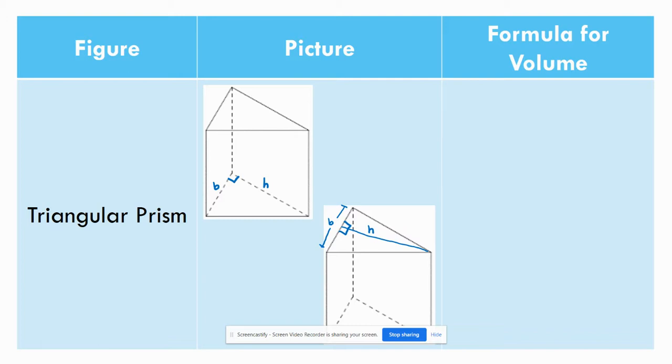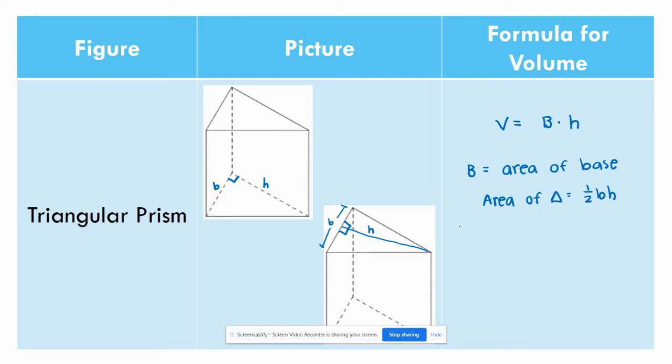So when we're asked to find the volume of a triangular prism, it is going to be big B times H, where remember that big B stands for the area of the base. And when we're talking about the area of a triangle, remember that's 1/2 the base times the height, which is why I kept bringing up the fact that I need a right angle to identify the base and the height of that triangle.